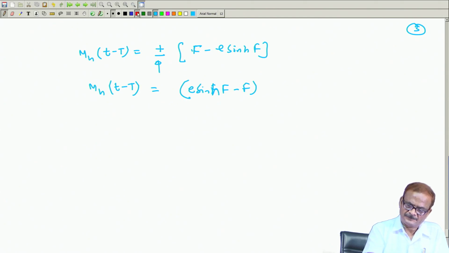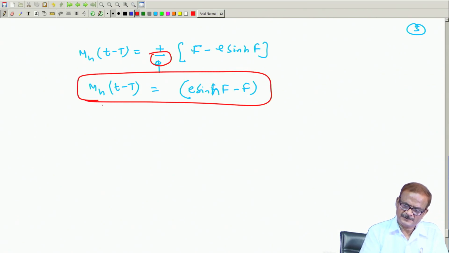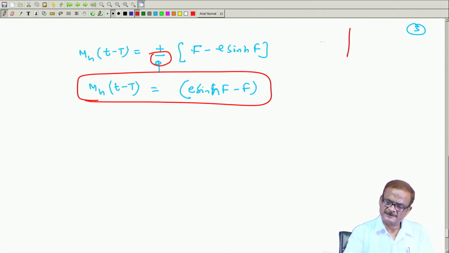So, the minus sign was accepted only and the plus sign was rejected. The reason for this is the consistency in the result.